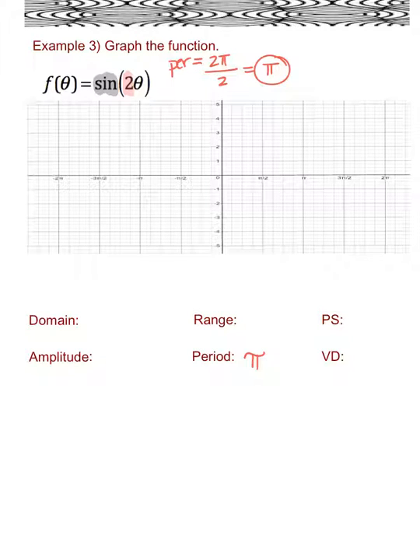So let's start by graphing out the parent function. I've got 0. Oh, I can do my points here. 0, 1, 0, negative 1, 0. And then go from negative 2 to 0.